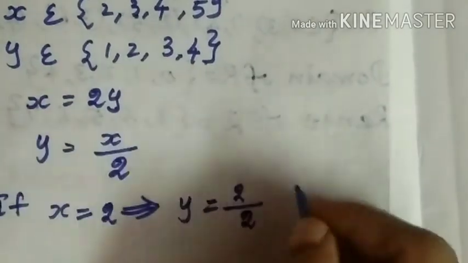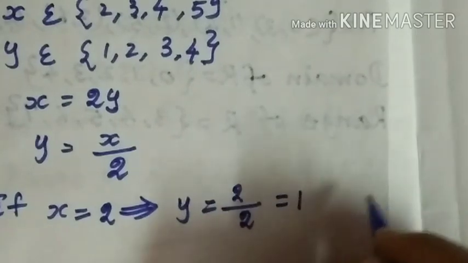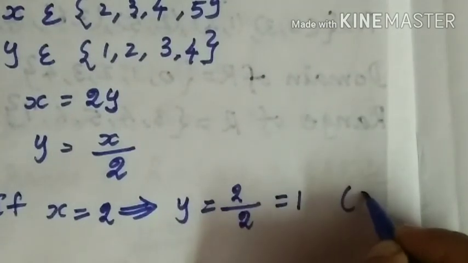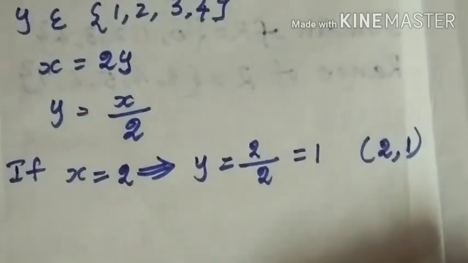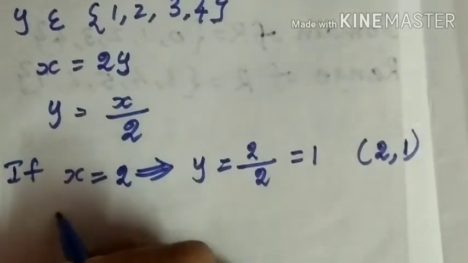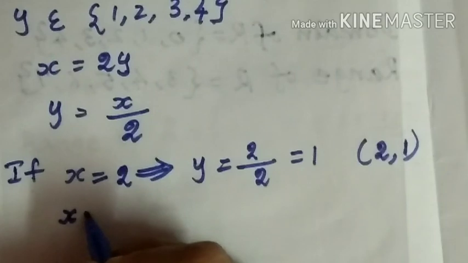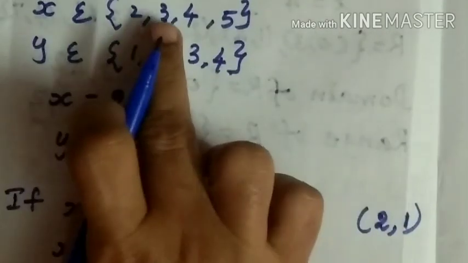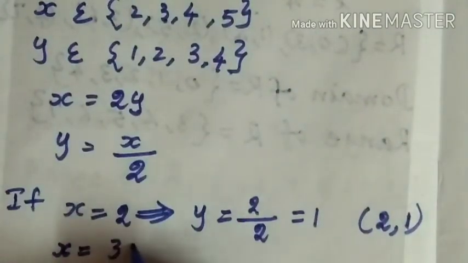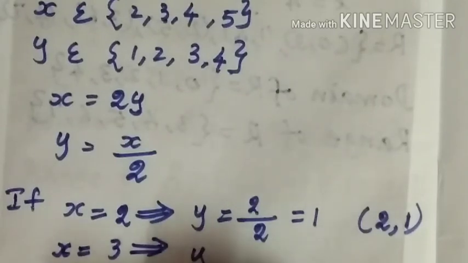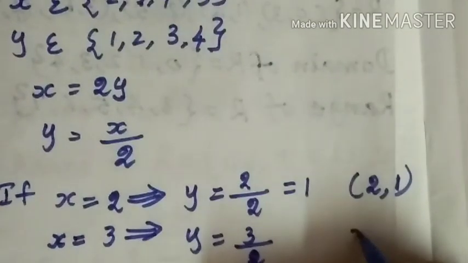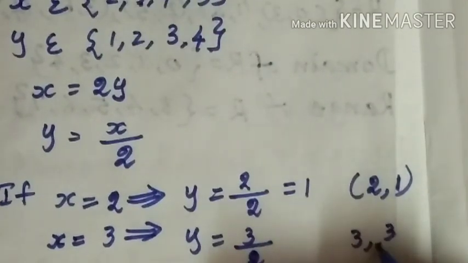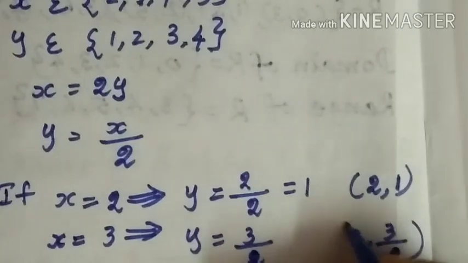Then 2 by 2 we get 1. Then the ordered pair is (2, 1). Okay, so now the next element, x equal to 3, we get y equal to 3 by 2, then the ordered pair (3, 3 by 2).